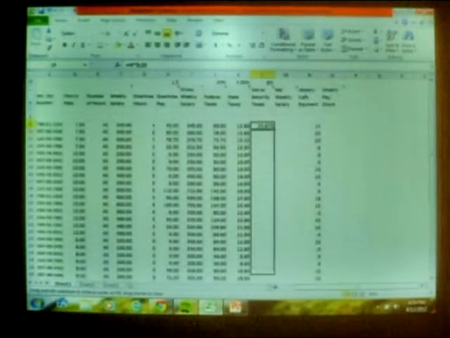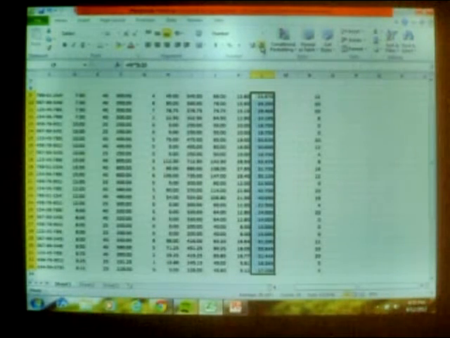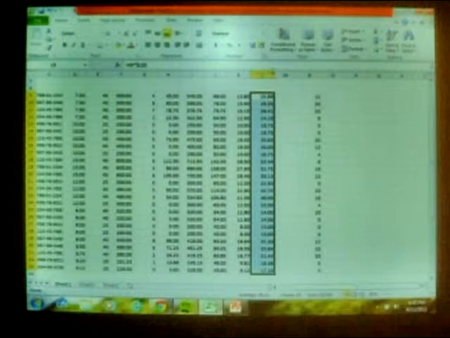Let me put it in the right place. And back to the formula bar. And I'm copying to row 33. Okay, we're going to have 2 decimal places there.